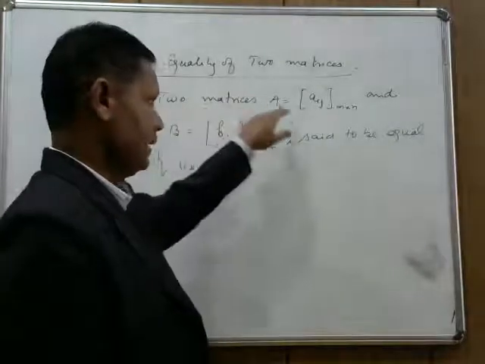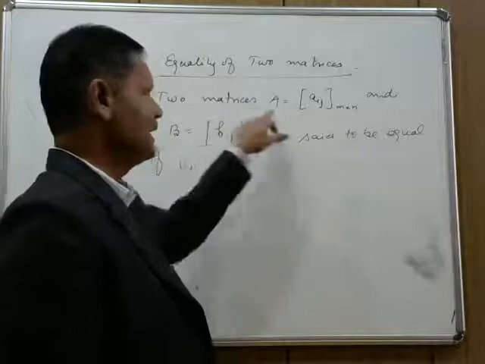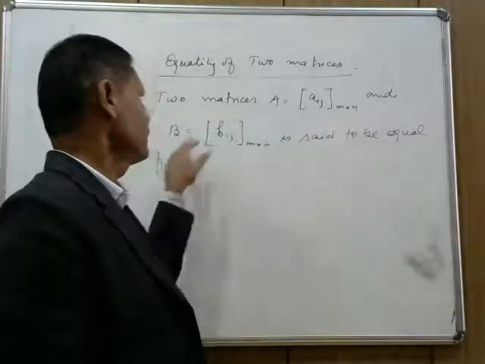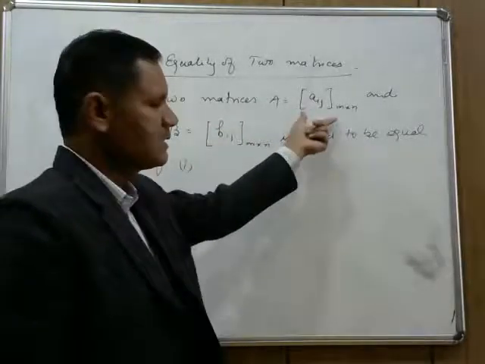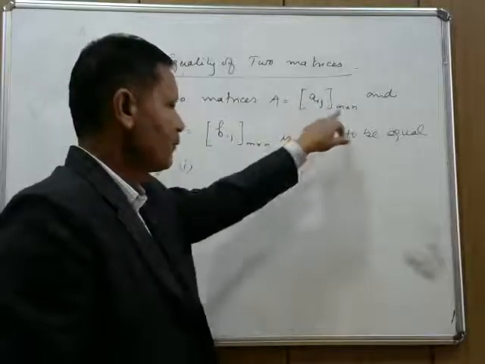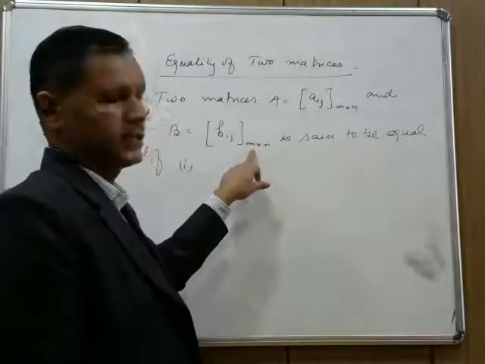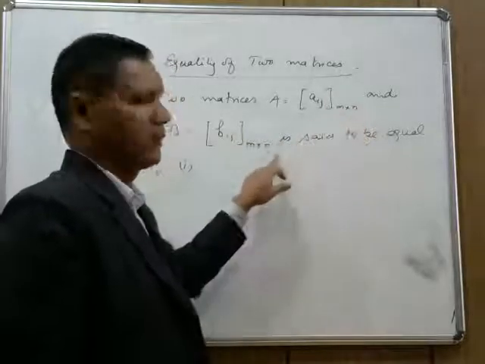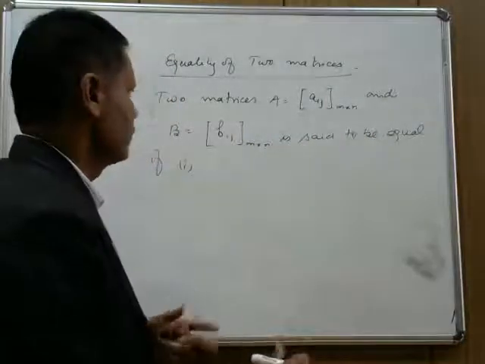Two matrices A and B. A is of order m by n, B is of order m by n. When I write this, it is very clear that the number of rows is m in both, and the number of columns is n in both. That means the number of rows and columns are equal.